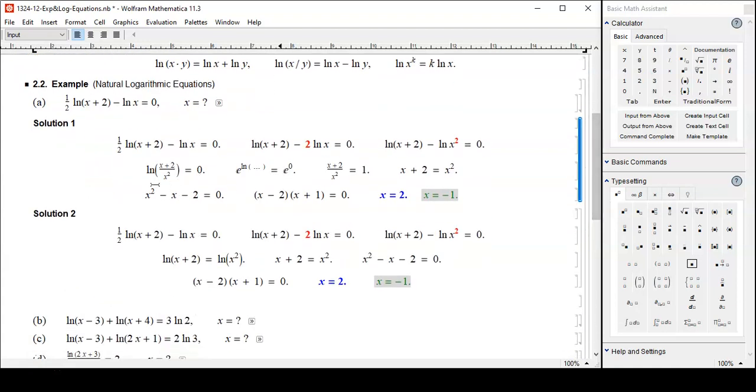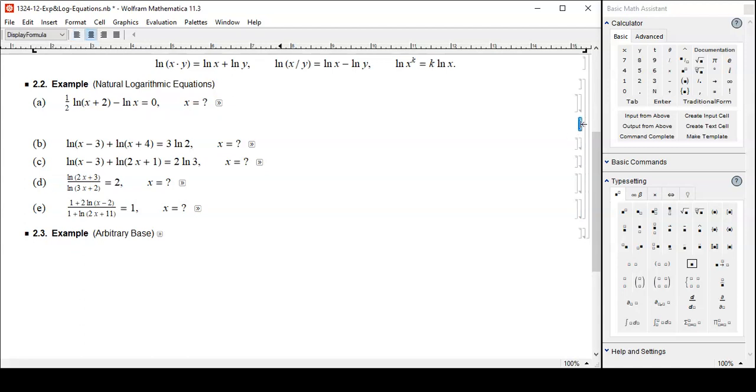Standard method is actually this one here, combining log into single logarithm and going from there. But this is a special case that we can flip this to the other side so that we can bypass this rational expression. The second method here is better, but it is a little bit less standard, as you will see in the next problem.